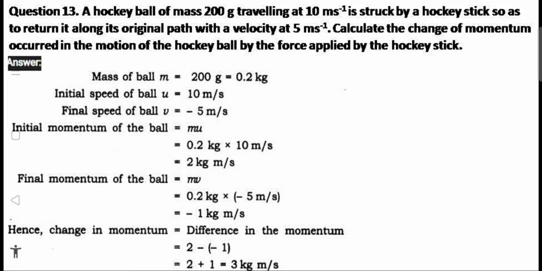Final momentum of the ball = m × v = 0.2 kg × (minus 5) meters per second = minus 1 kg meters per second. Hence change in momentum, final momentum minus initial momentum, is 2 minus (minus 1) = 2 + 1 = 3 kilogram meters per second.